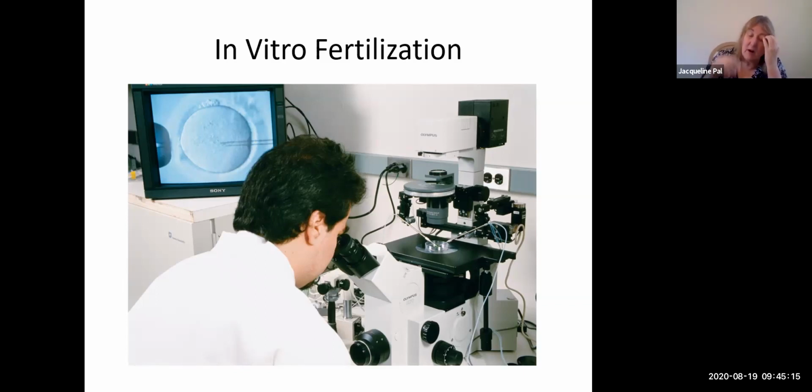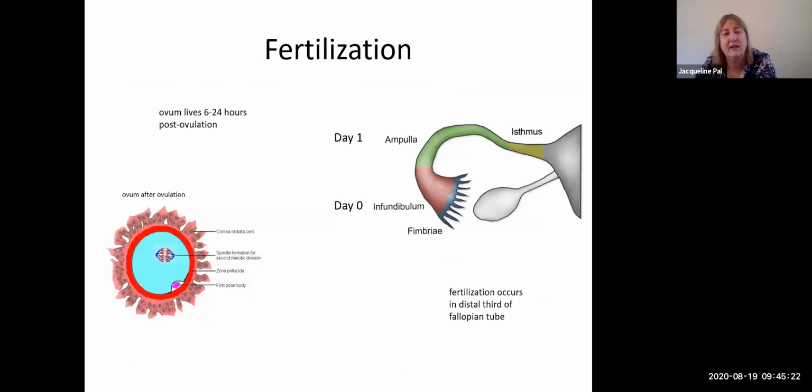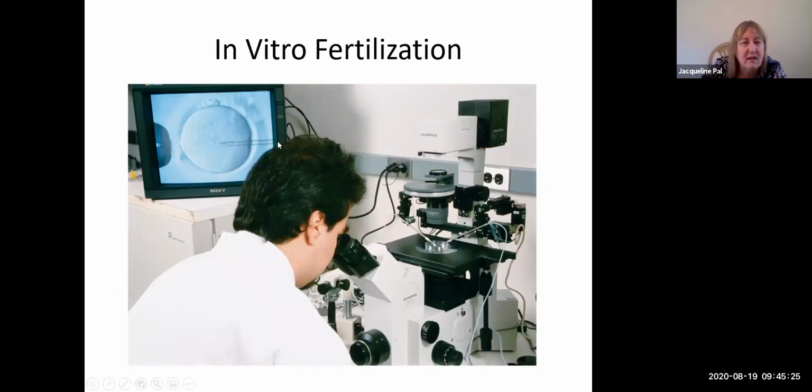Or if the sperm all have those short little tails that I showed you before, and they can't swim and can't get through, then they can do what is happening in this picture, which is actually injecting the male nucleus from the sperm into the oocyte itself of the lady, and thereby creating a baby. Now, we've had in vitro or test tube babies, whatever you want to call them. They're not in test tubes, obviously. They're in petri dishes, but you can call them test tube babies because they're frozen in test tubes.